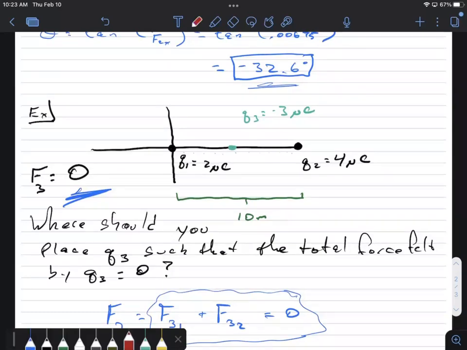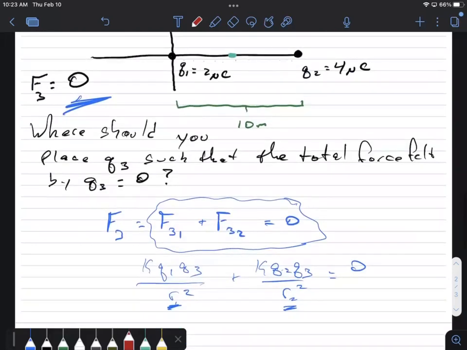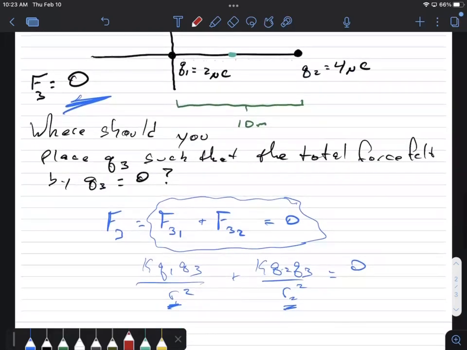When you get a problem like this, where you're going to place something somewhere to balance it, and you have two different distances, the distance to one object and the distance to a separate object, at first that's two unknowns. But I only have one equation. Two unknowns with one equation is bad.